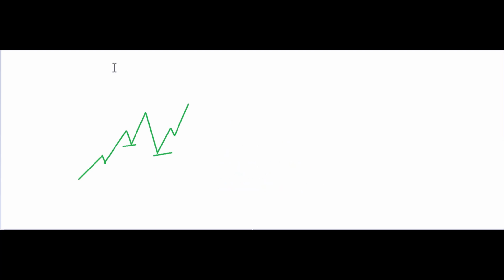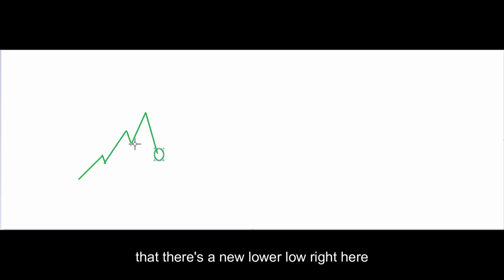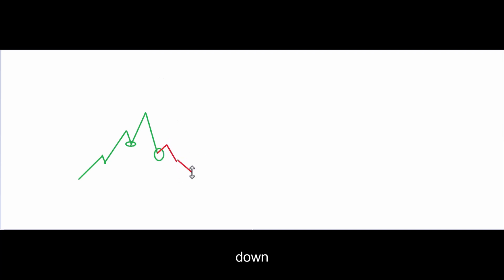Most beginner traders think that when a new lower low crosses the previous lower low, okay, now there's a new lower low right here, and the market will go down and down, but it doesn't happen.